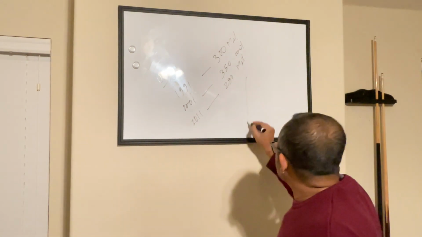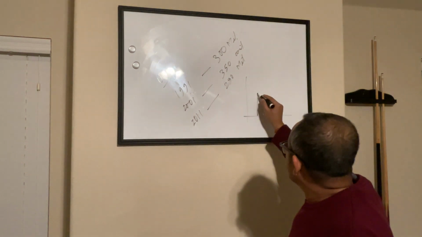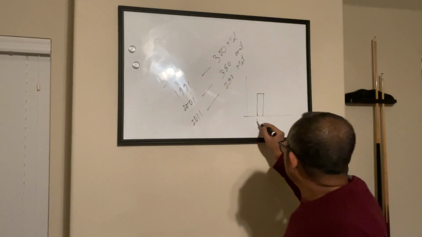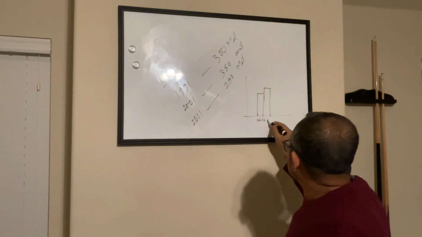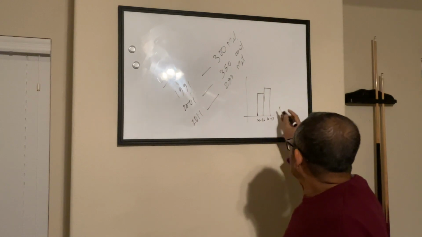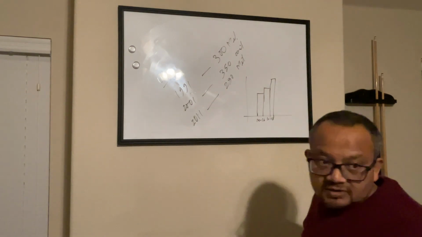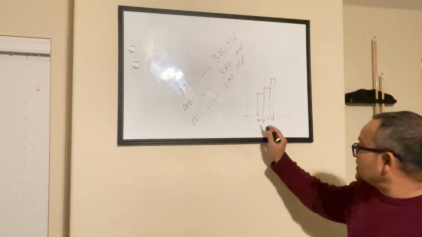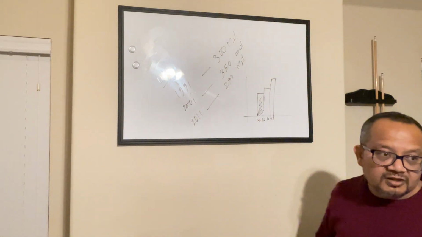Now if you look at a histogram, let's say the age of kids in your grade: 14 to 16 years, 16 to 17 years, and then above 17 years. So you're depicting a range here on the x-axis.